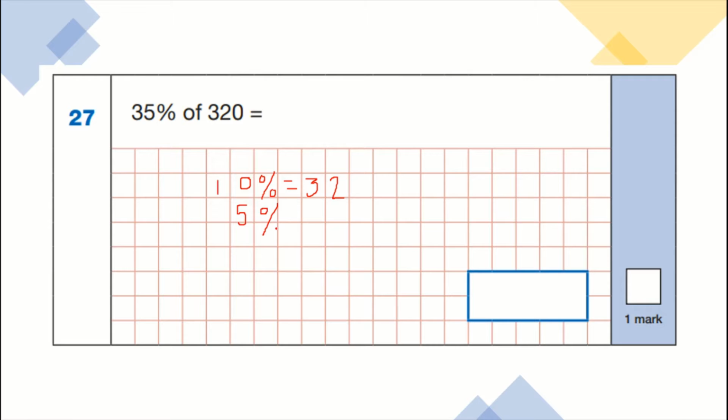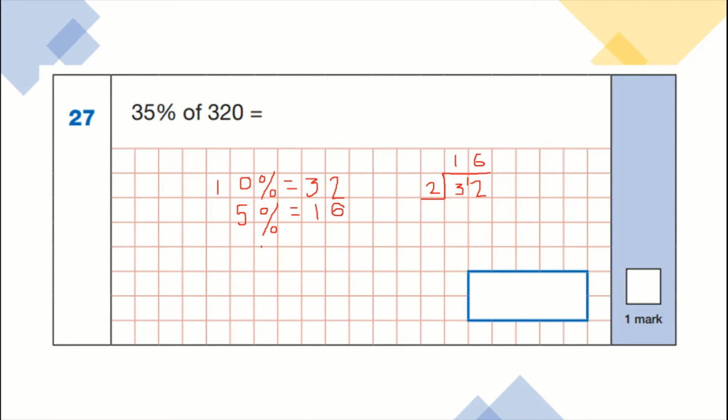So here we have 32, which equals 10%, and we're going to divide it by 2 to get our 5%. So 32 divided by 2, 2 into 3 goes once, remainder of 1, 2 into 12, 6 times. So that would be 16.